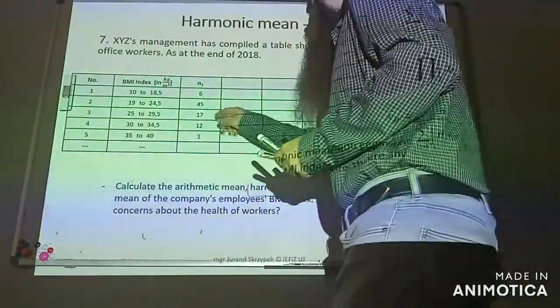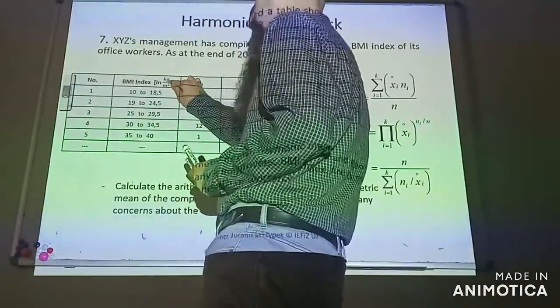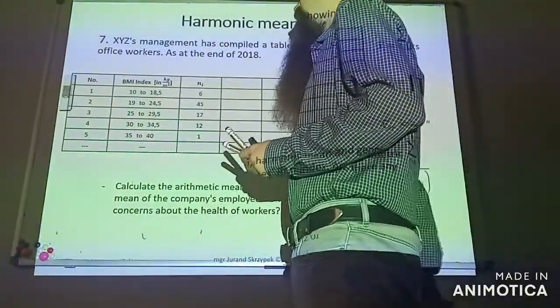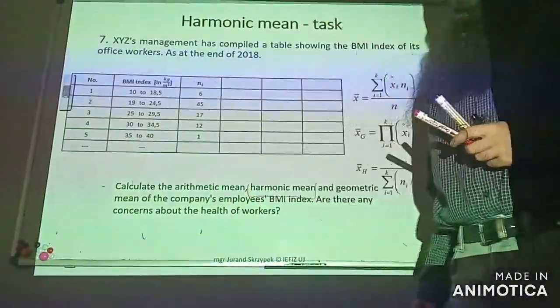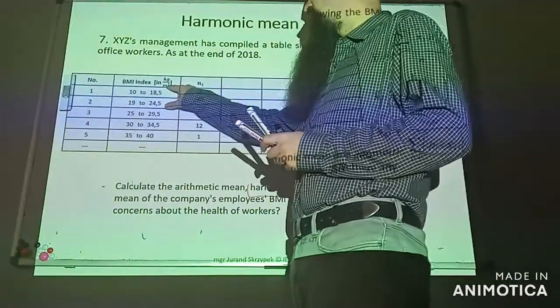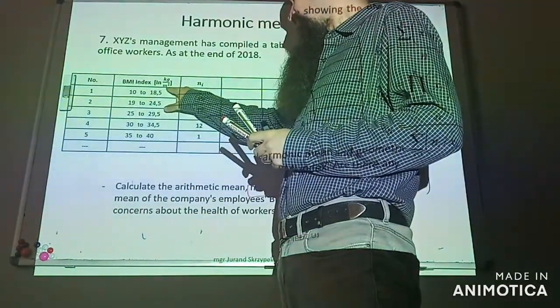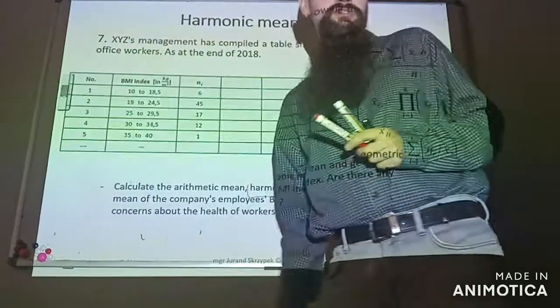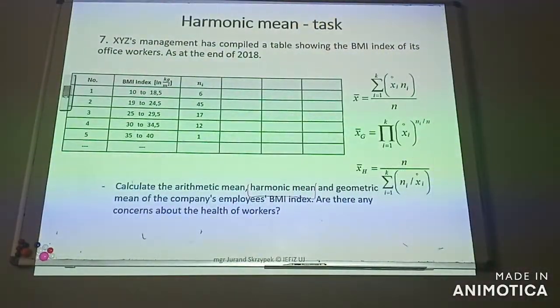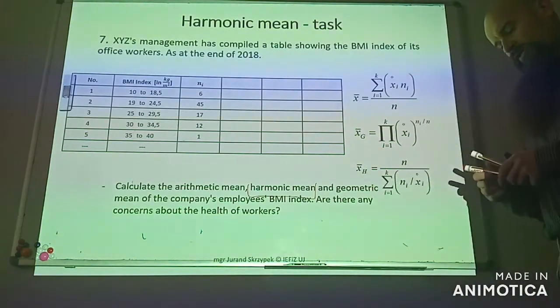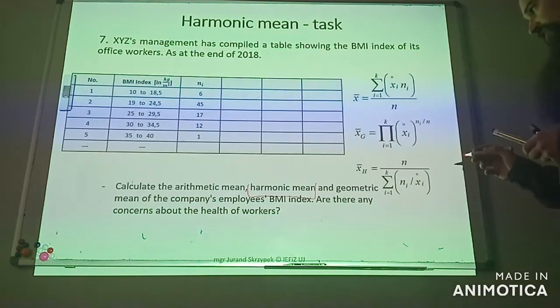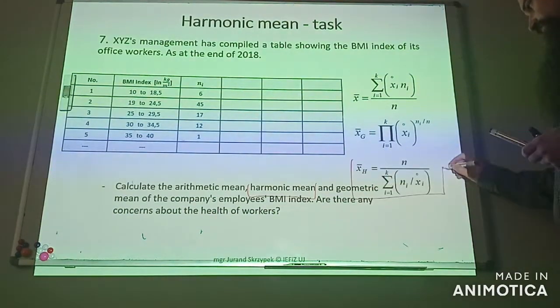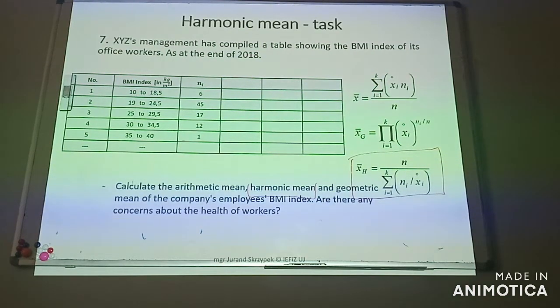Weight is expressed in kilograms, for example, and height is expressed in meters but squared. Yeah, this is a specific construction of this index. First goes harmonic mean. We will use this formula.